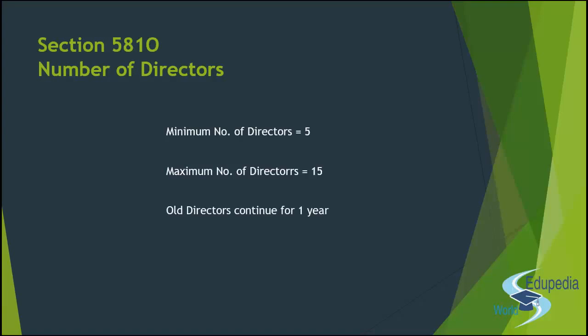Right? And when it says all, means all. If there were 3, 10, 12, whatever. So in that case, all those directors will definitely continue for the period of next 1 year. And remember, when you are writing answers in an examination, you'll have to be very careful with the words in law. You cannot write all the directors of a society will convert into the directors of a producer company.